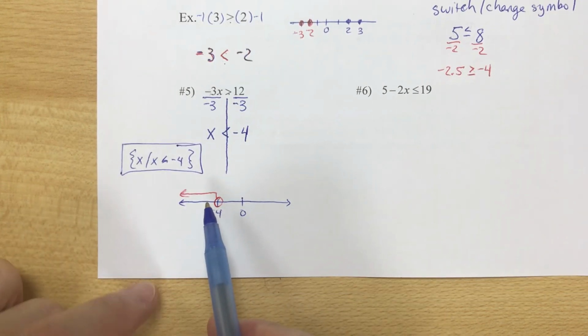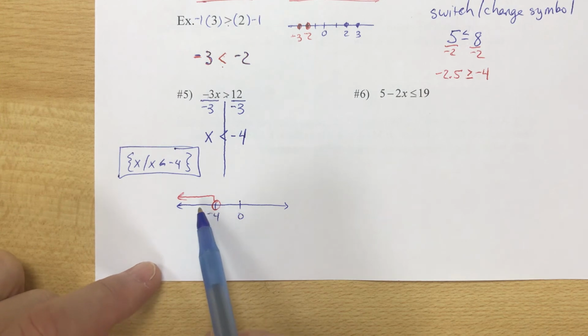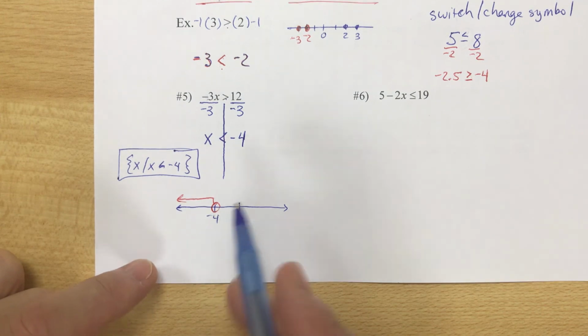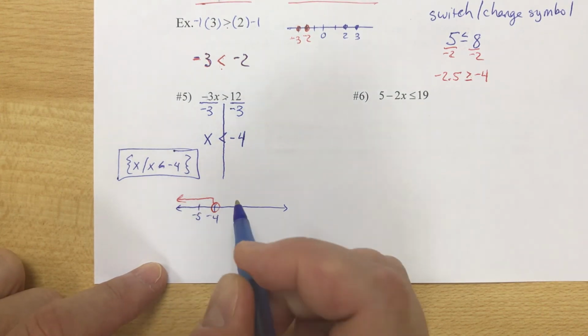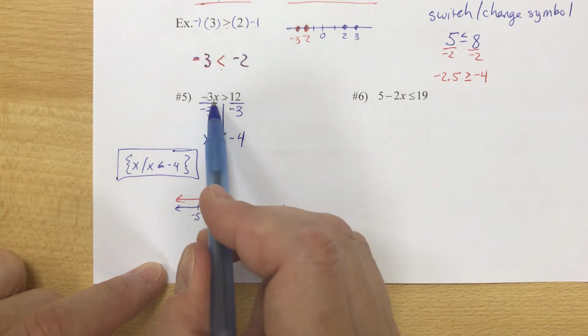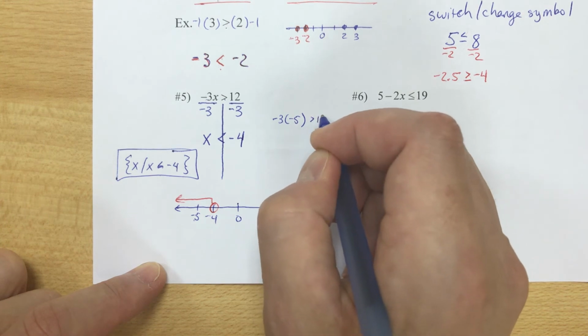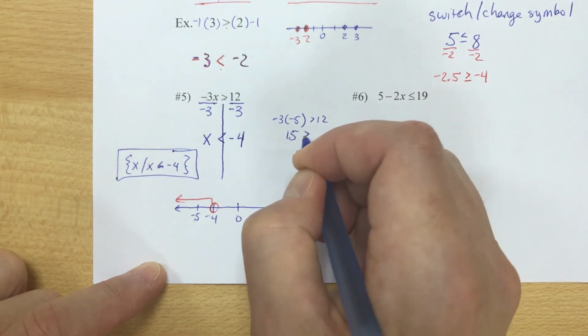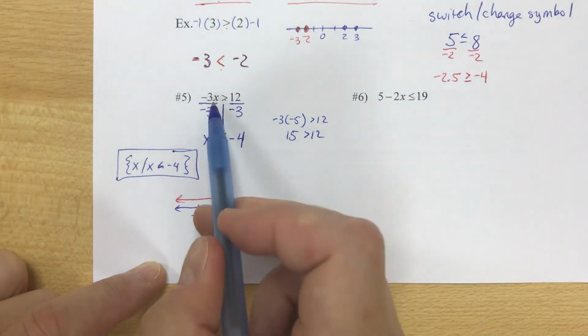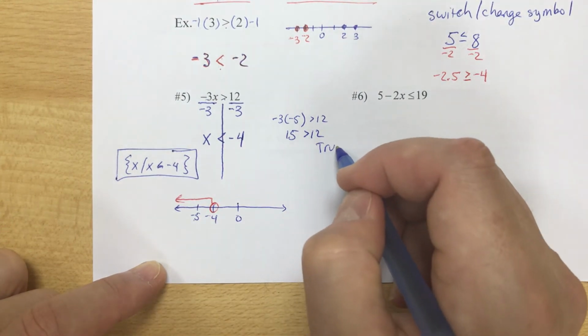Now, if you doubt that this is right, pick a number that's less than negative 4, for example, negative 5. If I substitute that for x, I would do negative 3 times negative 5, which is 15. Is that greater than 12? Yes.